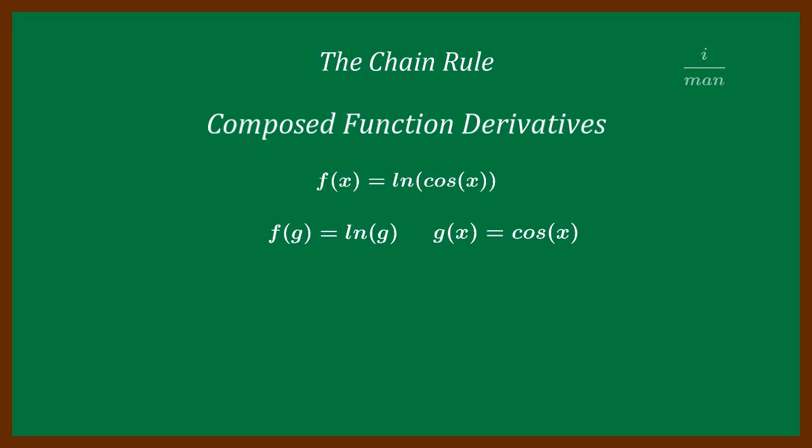Now if we take the derivative f prime of g, we get 1 over g, since the derivative of the natural logarithm is 1 over its argument. Now if we take the derivative of g, that's minus sine of x, since the derivative of cosine is minus sine.